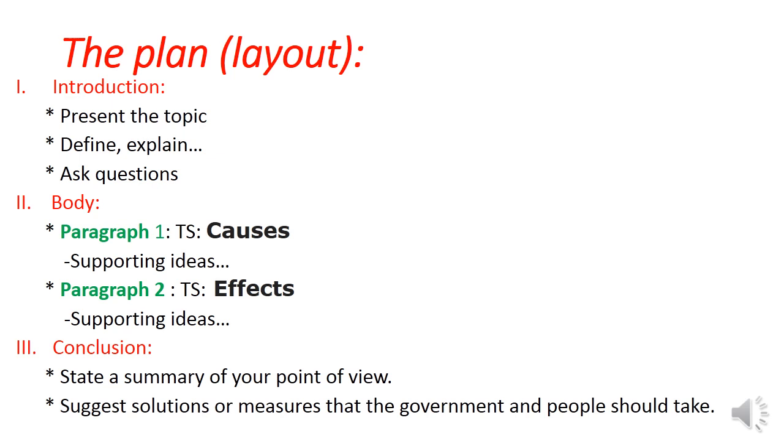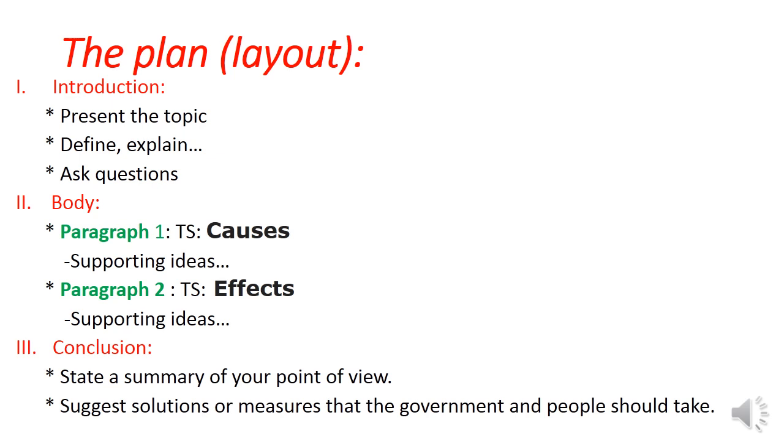The body, which is considered the most important part of the essay, is composed of two paragraphs. The first paragraph tackles the causes. You start with a topic sentence, then support it by giving examples, statistics, etc. In the second paragraph, you discuss the negative effects of brain drain.